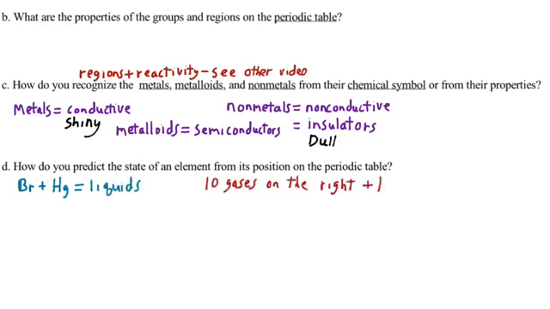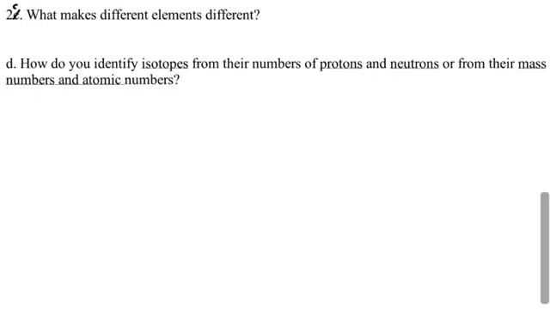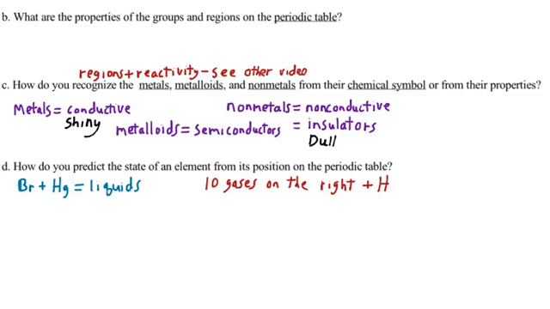There's 10 gases that are all on the right side, and hydrogen. Going back, sorry about that. So all the noble gases, which you learned about already in the previous video, in group 18 or 8A on the periodic table. The halogens, fluorine and chlorine.